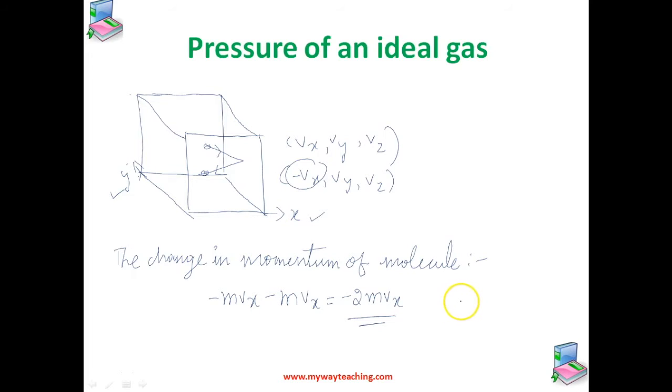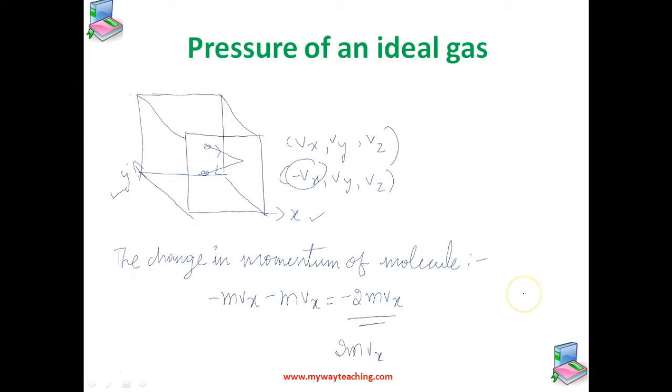By the principle of conservation of momentum, the momentum imparted to the wall during the collision is 2 mvx. To calculate the force on the wall, we need to calculate the momentum imparted to the wall per unit time, isn't it?